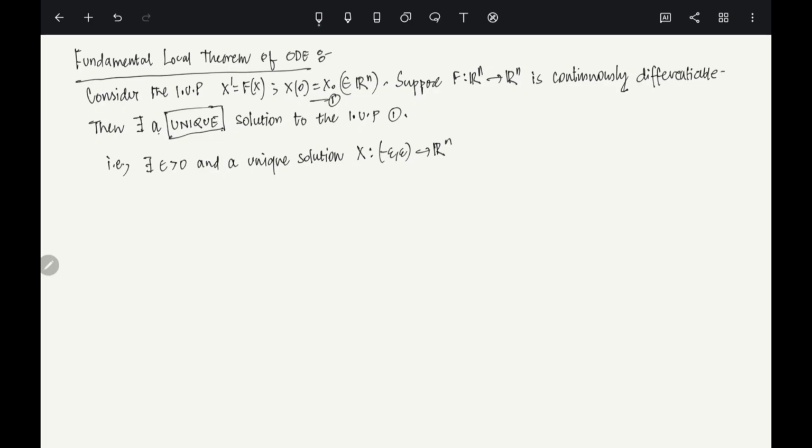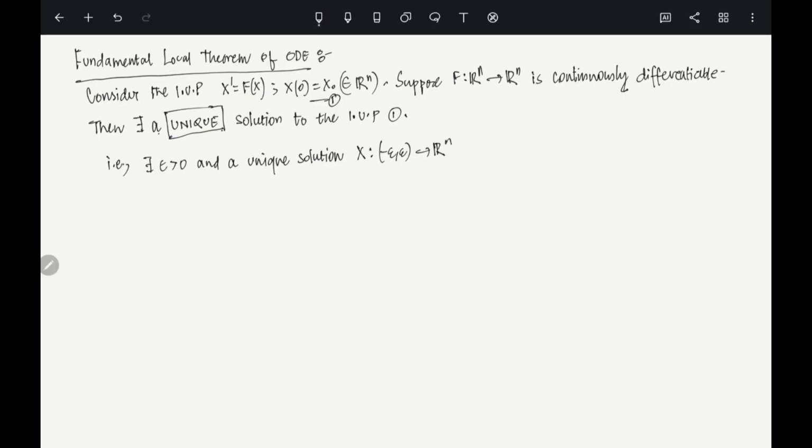I am looking for a curve which passes through the origin, right? And at t equals 0, the curve should pass through the vector x naught. That is what x0 equals x naught means. When the time is 0, the curve is at the vector x naught. Then the curve is moving according to the rule x prime equals f of x. I want to know whether there is such a curve or not.